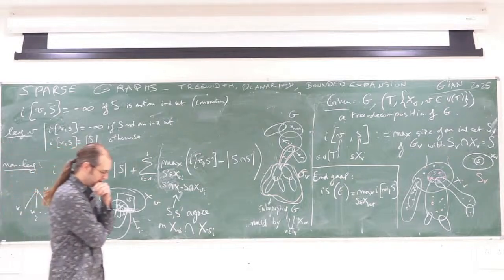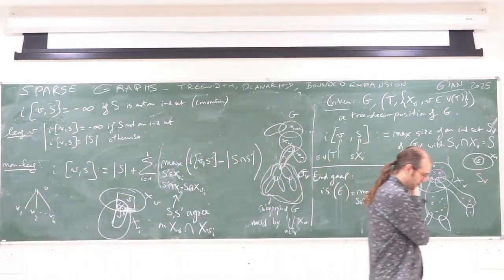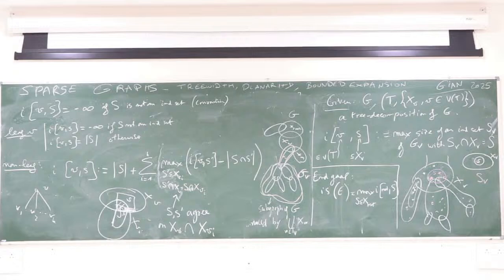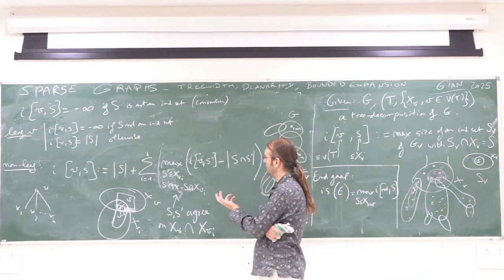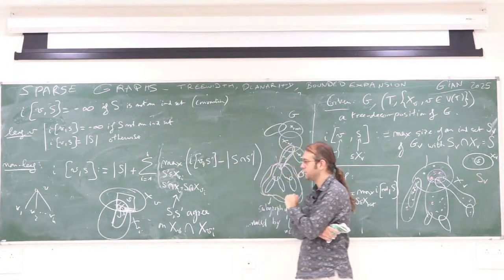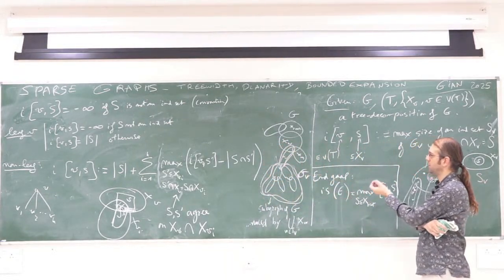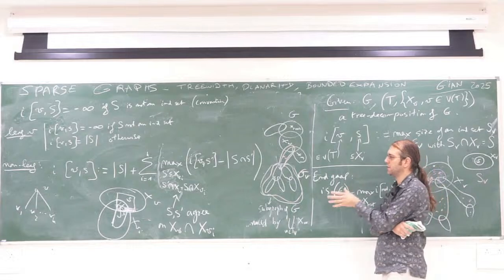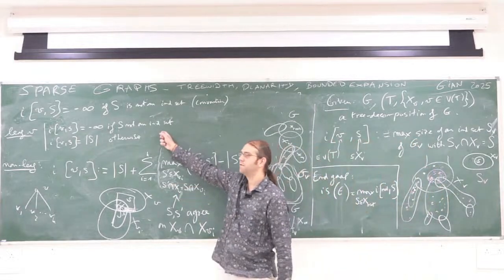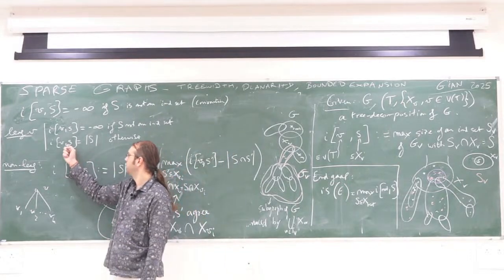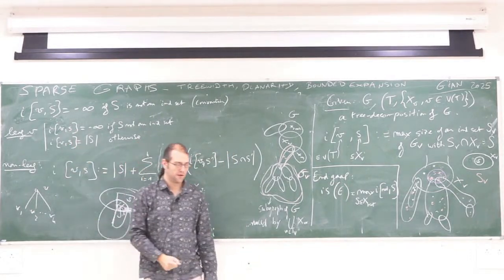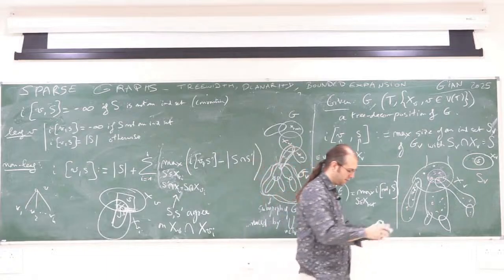So now, assuming this formula is true, the algorithm is similar to the one for trees. You go to a tree decomposition. You start with the leaves. For the leaves, it is very easy to compute these formulas. Be careful that now there are not just two formulas. There are 2 to the power of the bag size, all the subsets of the bag.